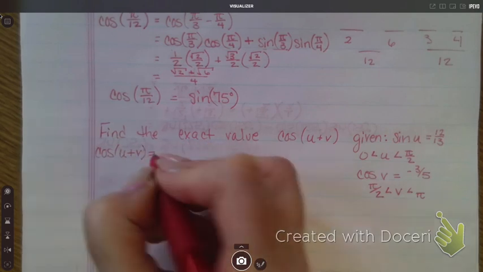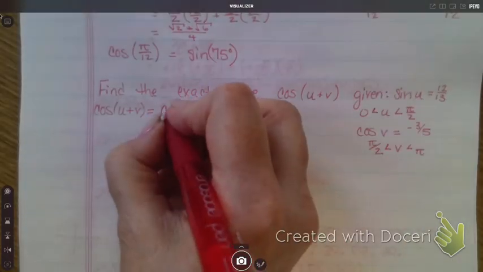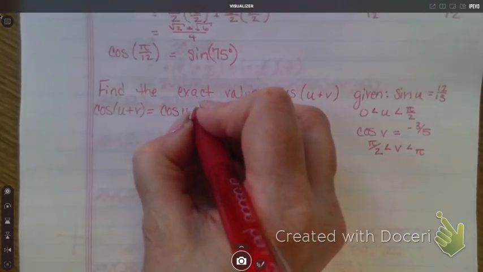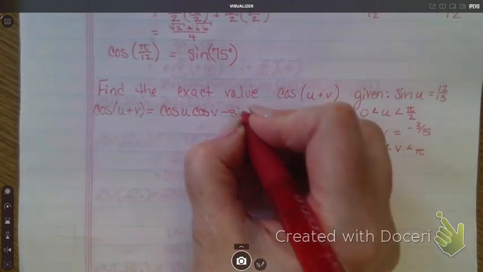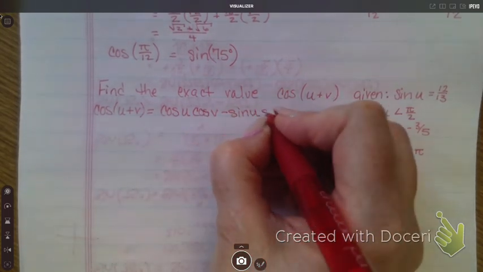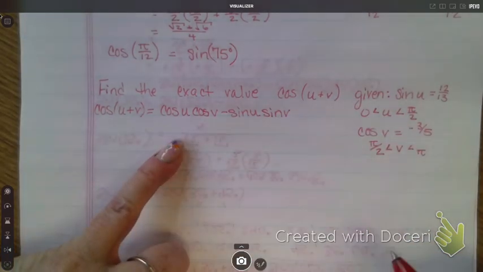So the formula is cosine U, cosine V, minus sine U, sine V. So we need to fill things in, right?